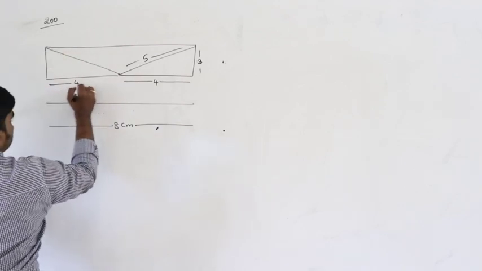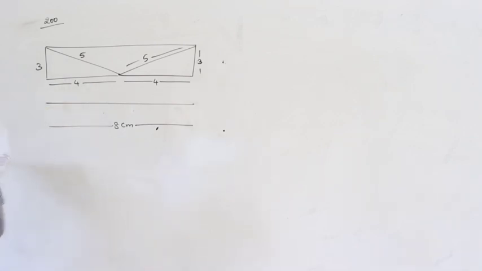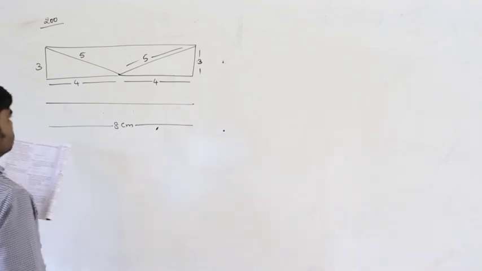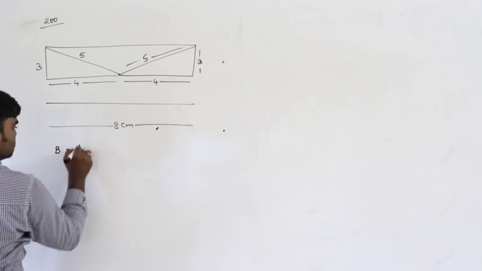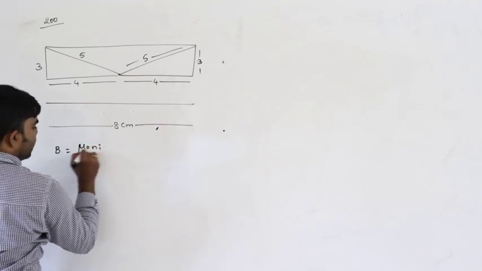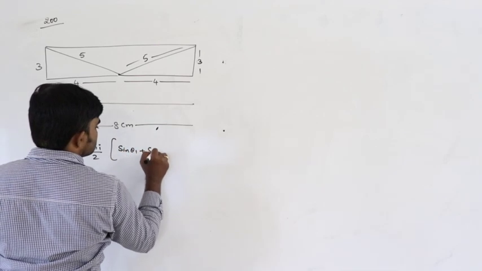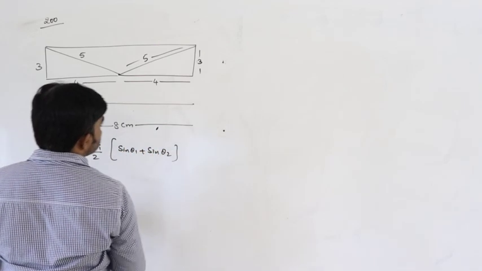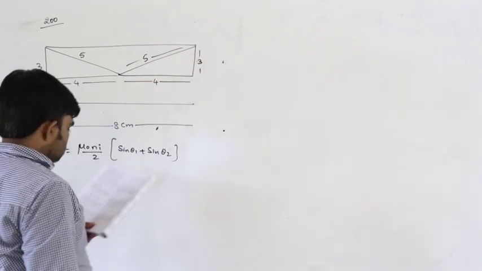With the vertical we can calculate, or with the horizontal also. So now the magnetic field can be written as mu naught N i by 2 into sin theta 1 plus sin theta 2. So let us say theta 1 and theta 2. So what is that?